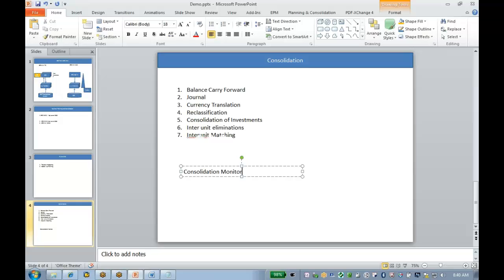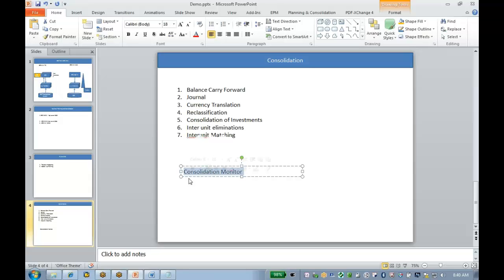Here I can see whether currency translation happened for the subsidiaries of my group or not, and at what group level consolidation is finished and which are not finished. I can control that. Using the consolidation monitor, I can define my ownership percentages and methods, what is the percentage of consolidation, and what is the percentage of ownership. This is the new area in BPC 10.